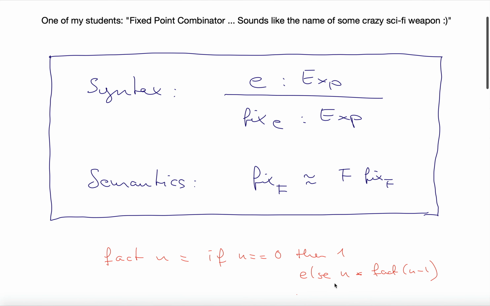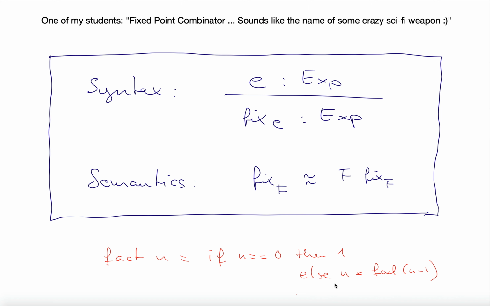Okay, so what does that mean in a concrete example? Let's look at the factorial function. Factorial of n is: if n equals 0, then 1, else n times factorial of n minus 1. From the point of view of an interpreter, from the point of view of a machine, we don't know what factorial here means.